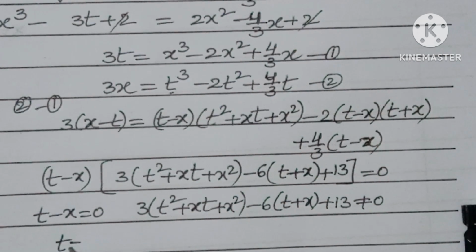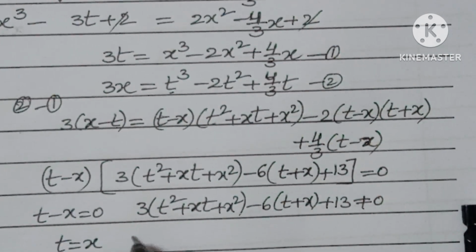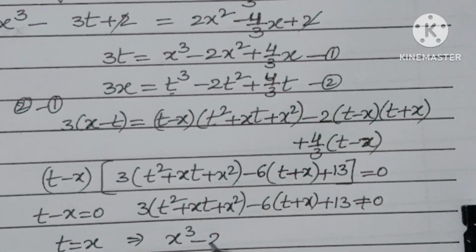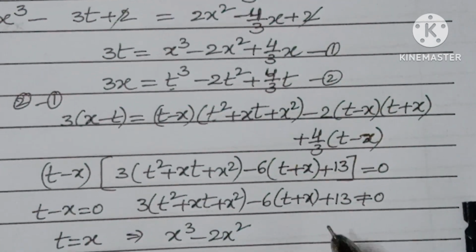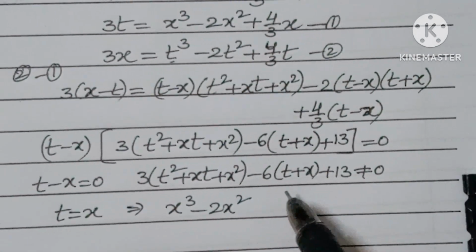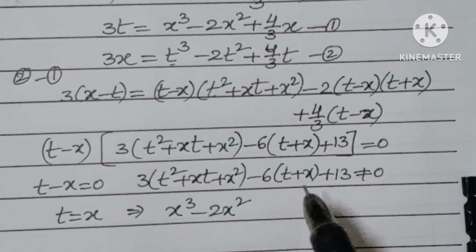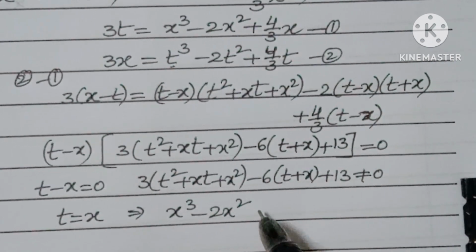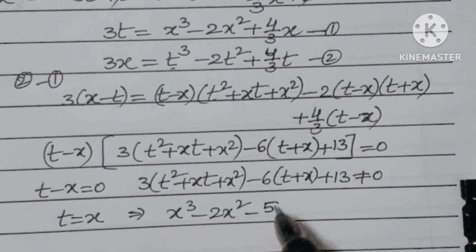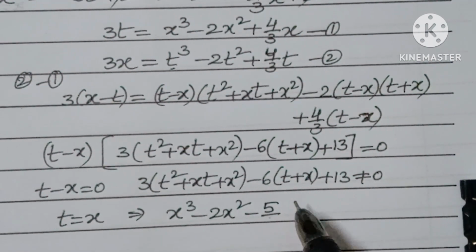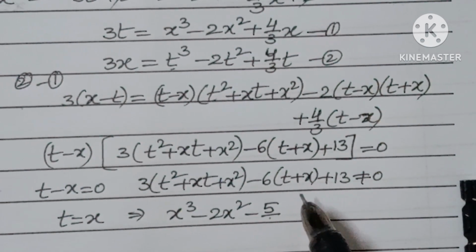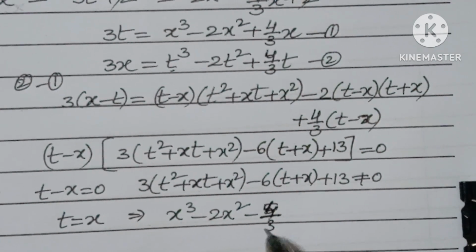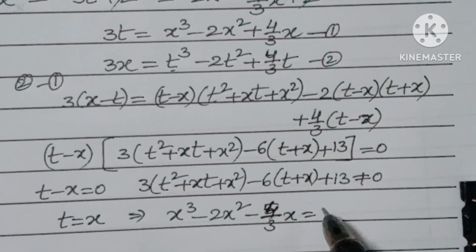So t is equal to x, that implies x cube minus 2x square minus 5 by 3, minus 4 by 3x is equal to 0.